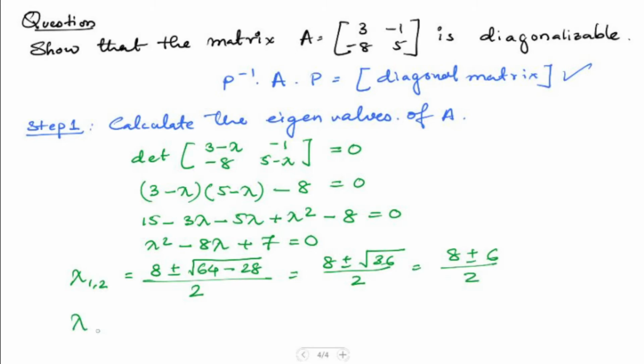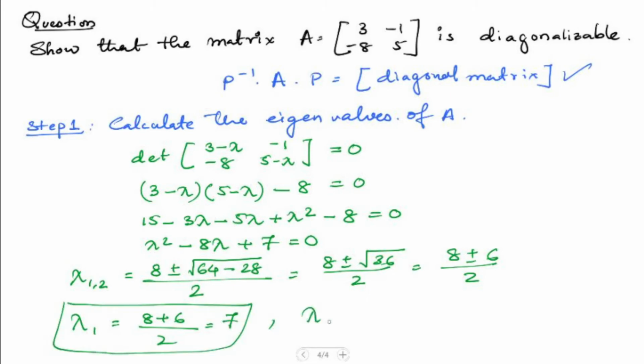So your lambda 1 is equal to 8 plus 6 divided by 2, which is 14 divided by 2, that's 7. And lambda 2 is equal to 8 minus 6 divided by 2, that's 2 by 2, which is equal to 1. So we just got both our lambda values. Lambda 1 is 7 and lambda 2 is 1.